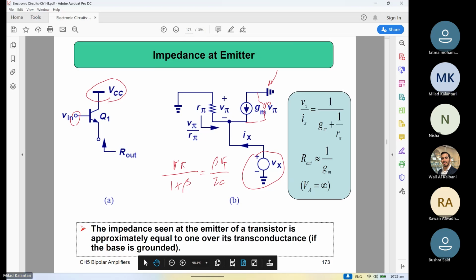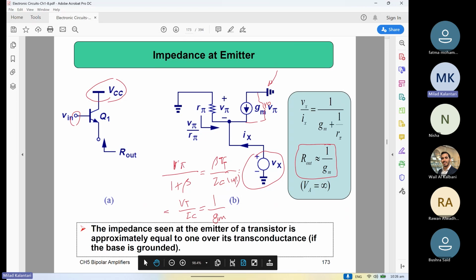You need to actually memorize these values. This is not that difficult. And then divide by 1 plus beta. 1 plus beta and beta are similar, because beta is large enough, so you can say that 1 plus beta is equal to beta. And then what remains is VT over IC, and this is actually 1 over GM. Is it okay? So the impedance seen from the emitter in this case is 1 over GM.